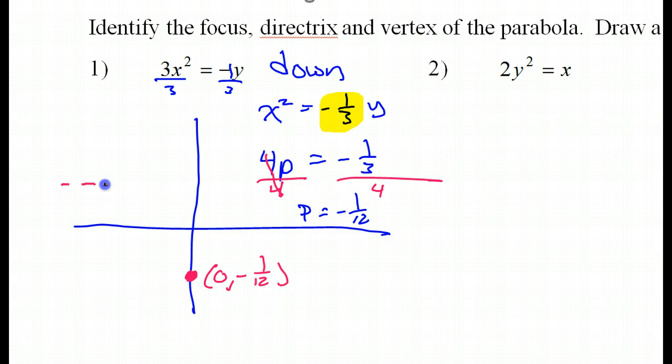So the directrix will be up here. And again, this distance has to be 1/12. It's 1/12 in both directions because that's always p. So this is going to be the equation y equals 1/12. That's my directrix.